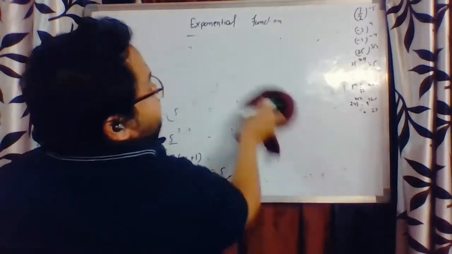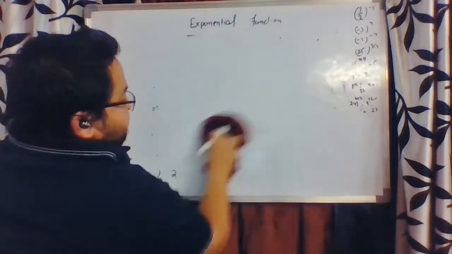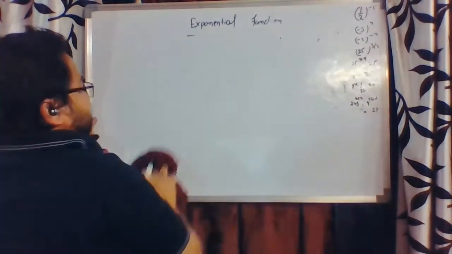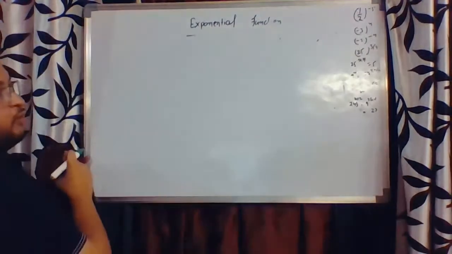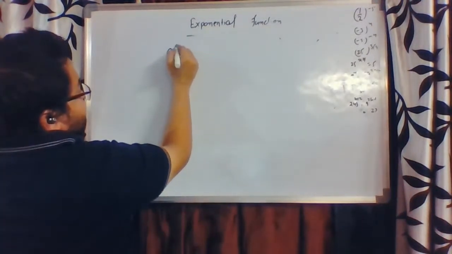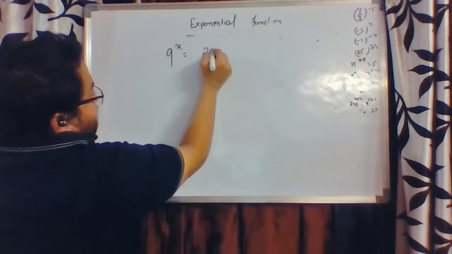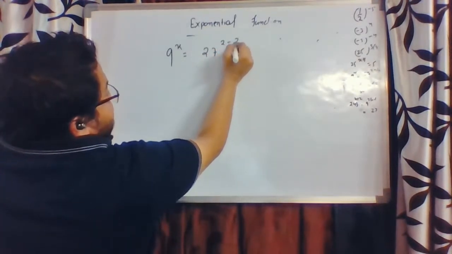That is 9 to the power x equals to 27 to the power 2 minus 2x.